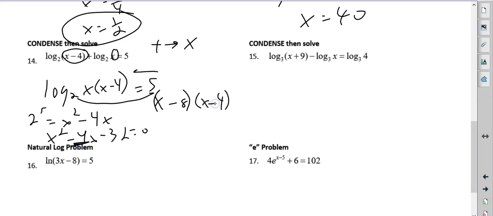So I want negative 8 and positive 4. And when I set them both equal to 0, x is equal to 8, and x is equal to negative 4. Okay? But we have to check our answers. Okay? And when we plug in and check our answers, we're going to find out that this one is extraneous.